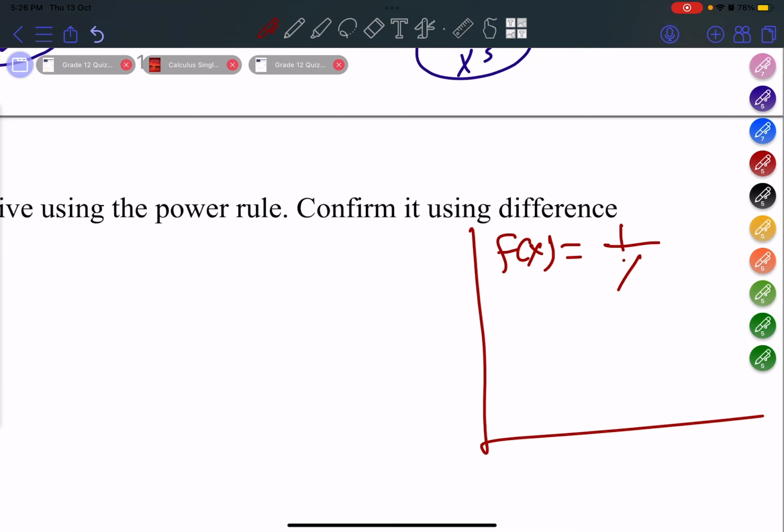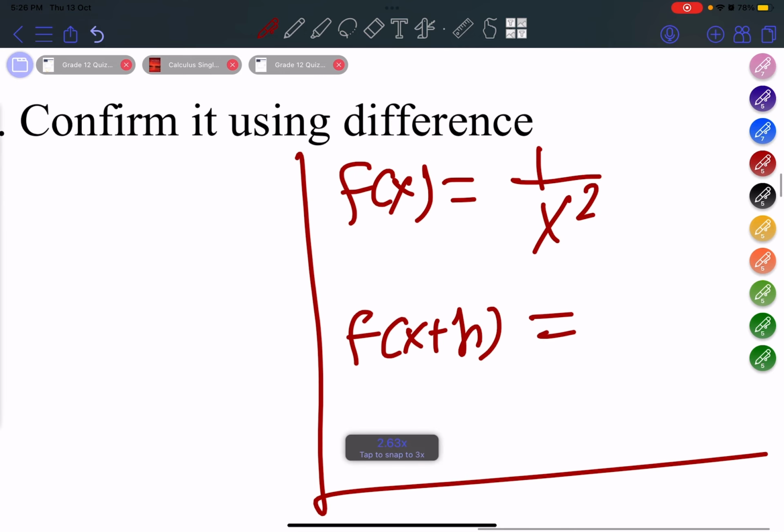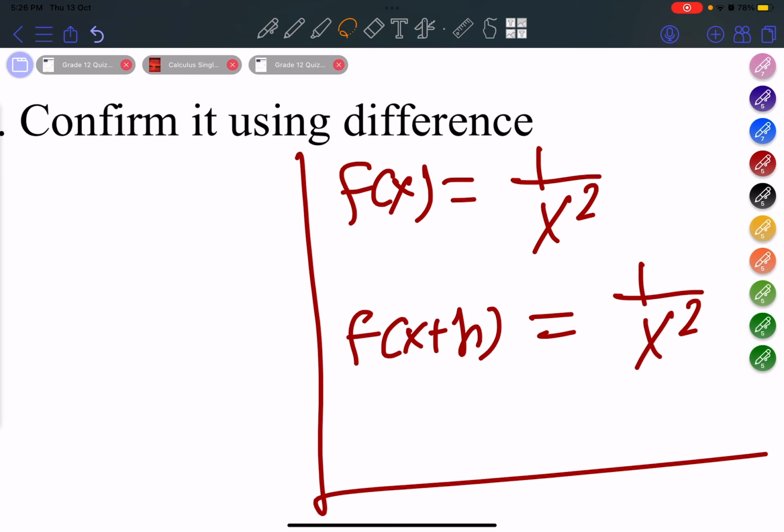Now for f of x plus h, we will do nothing but remove the x and put x plus h in it. So we will duplicate the same exact equation, remove the x and put x plus h instead. So it becomes, to make it clear, 1 over x plus h whole squared.